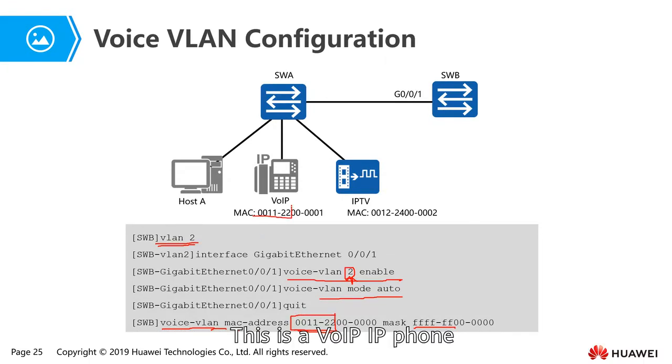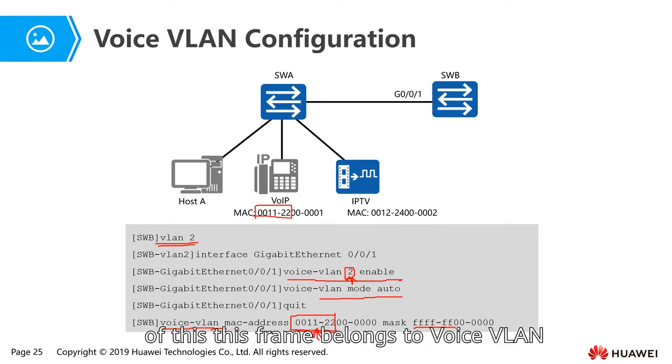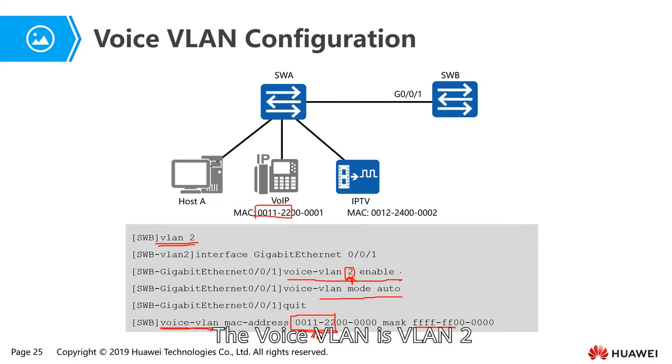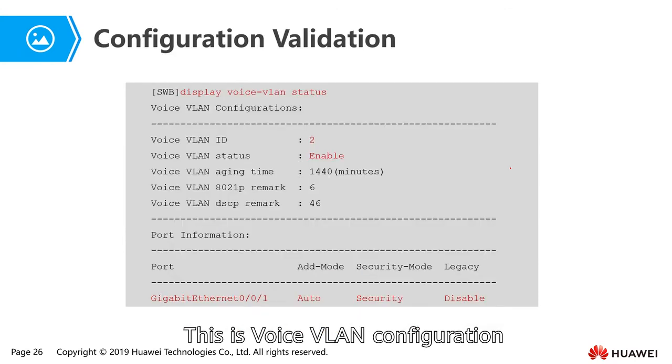This is a VoIP IP phone. If the source MAC matches this, then the frame belongs to the voice VLAN, which is VLAN 2, and this frame has a higher priority and is forwarded out first. This is the voice VLAN configuration.